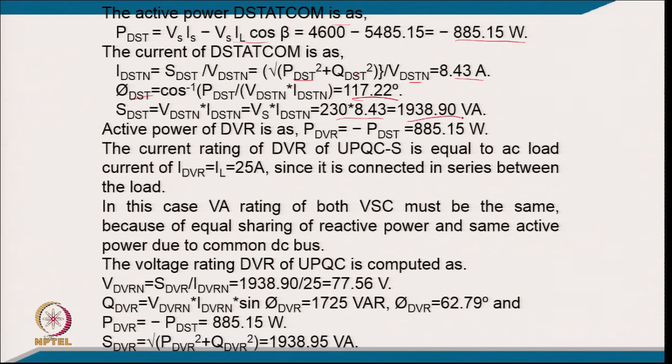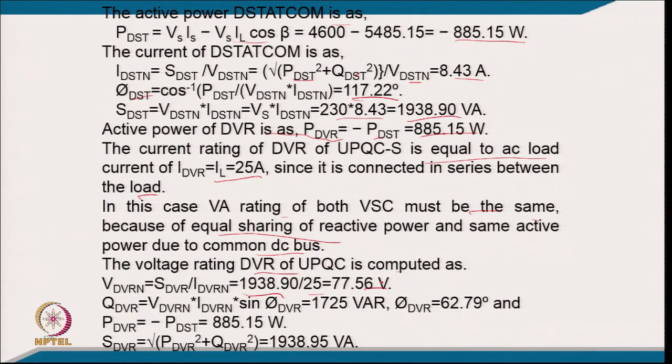The VA rating of this becomes current times voltage, so it comes to 1938.90 VA, and the active power of the DVR is the same as the DSTATCOM. So, we calculate it: it is 885.15, and the current rating of the DVR is equal to the AC load current, since it is connected in series. So, the VA rating of both must be the same. Because of equal sharing of reactive power, the same power goes to the common bus, and the voltage rating of the DVR should be the VA rating divided by current.